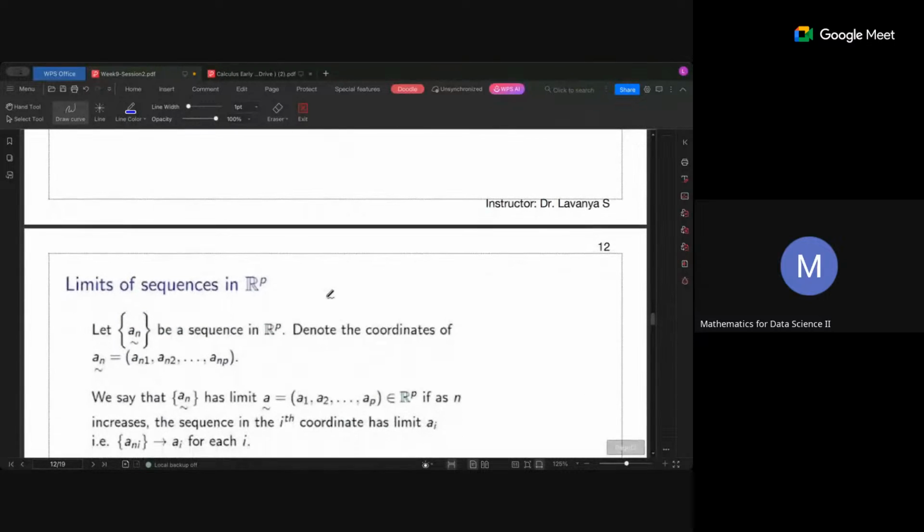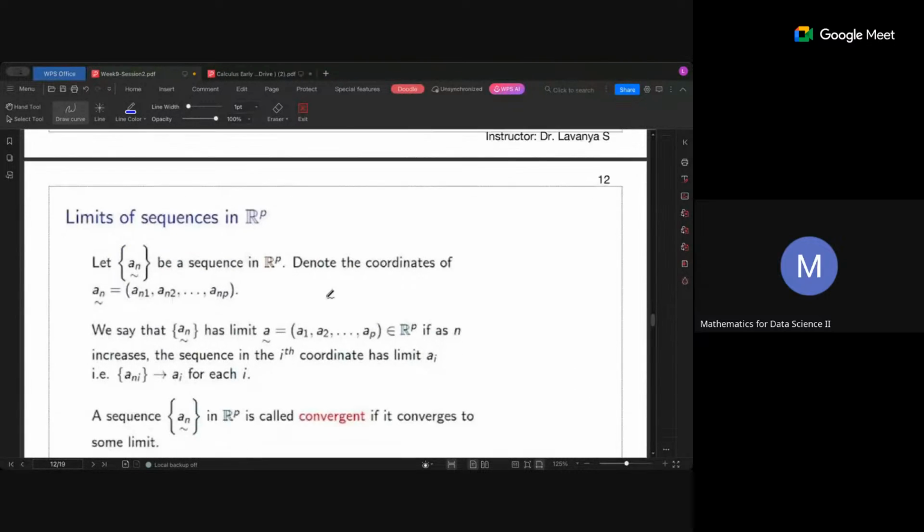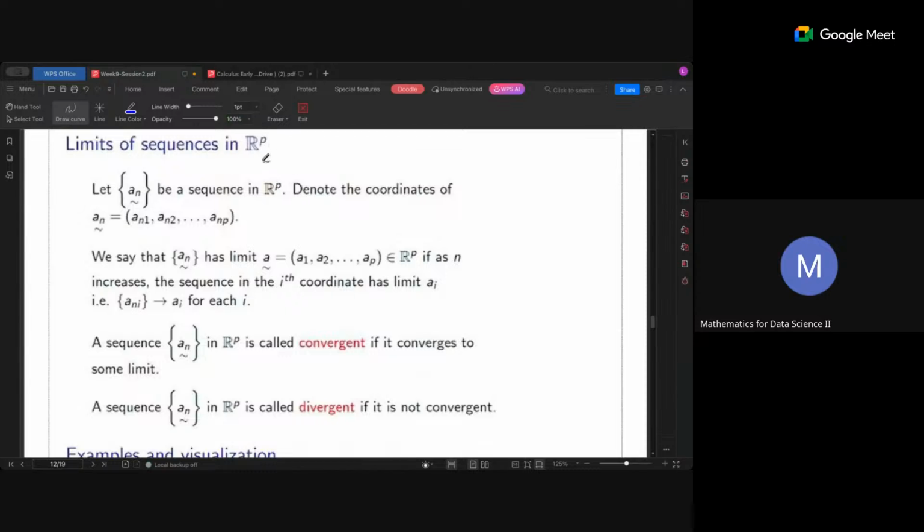The same concept we are going to use for limits of sequences in R^p. Instead of just one sequence, you are going to have a set of sequences written as a vector like this. Each coordinate now represents a sequence. This limit will exist if a_n^i goes to a_i for each i.